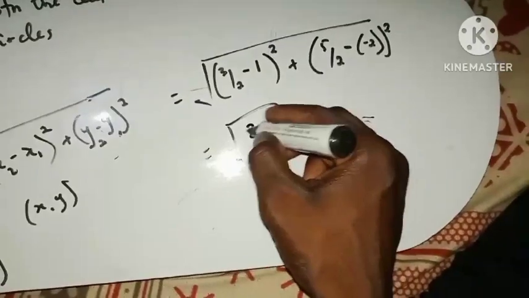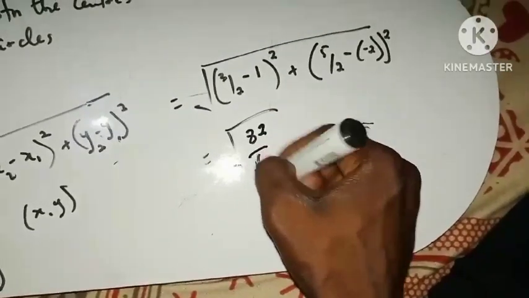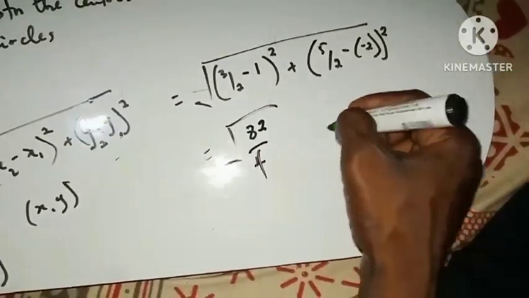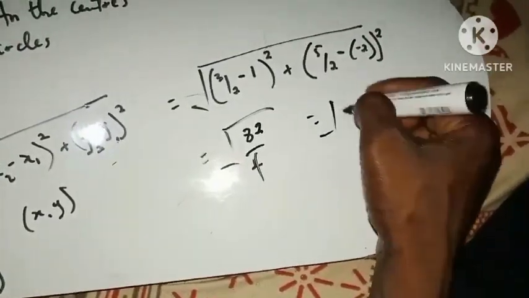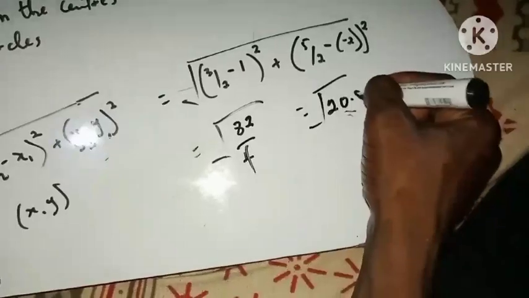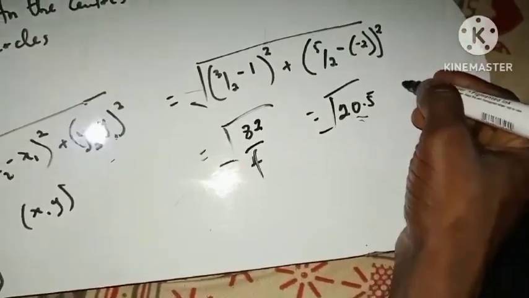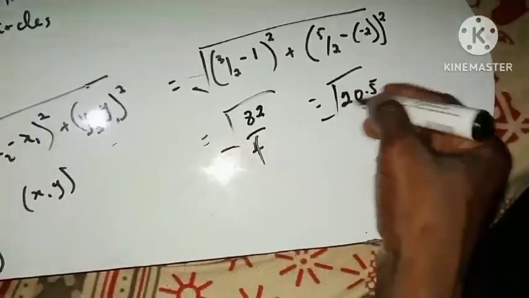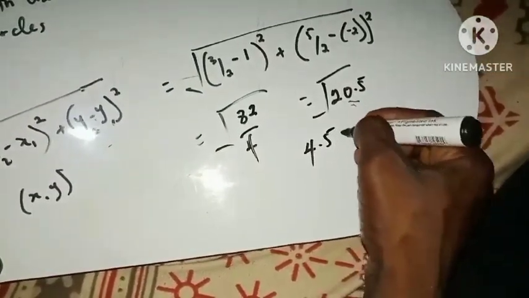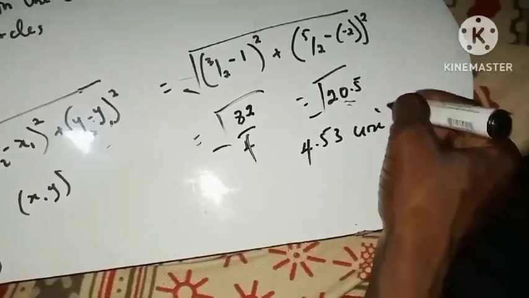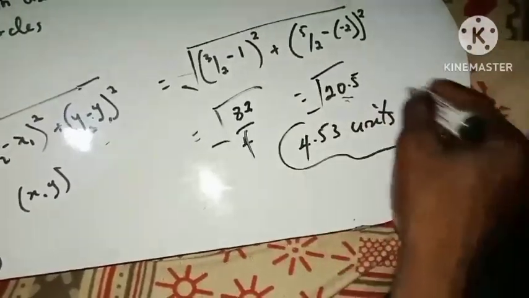So I have 82 on 4. Taking the square root of this, that is going to be the square root of 20.5, which you have to break down to have 4.53 units. So this is the distance.